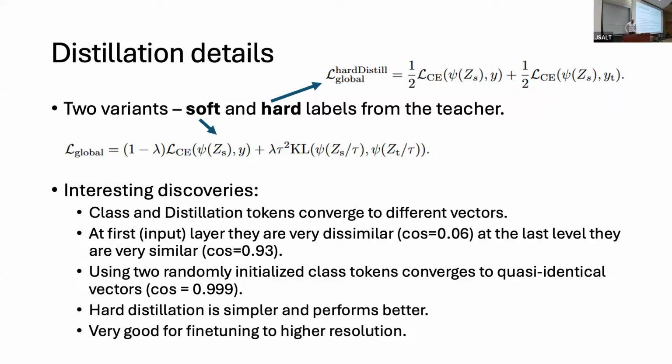And maybe here is why this soft approach loses, because you are also teaching the mistakes to your student. Whereas the hard one, you see, the KL divergence is just replaced with another cross entropy loss, which is between the hard decision of the teacher, y_t, so it's the argmax of the softmax of the teacher, and the softmax predictions of your student.